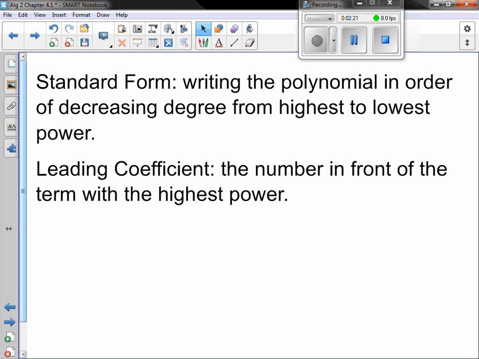So if we're dealing with everything in terms of x, like we've seen already with our quadratics and other functions, the biggest exponent with x would go first. If we had more than one variable, whichever was first in alphabetical order, x, y, z, would go first. That's why we always put y first, because alphabetically it comes first. So if we have x and y, normally we would write y first.